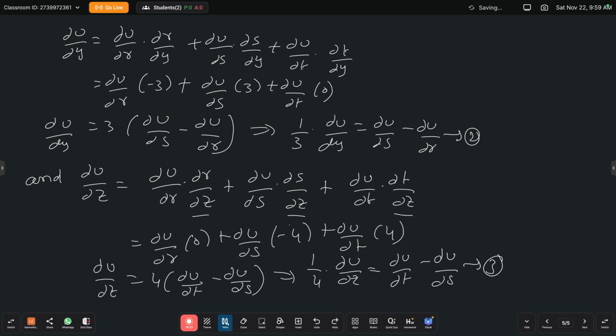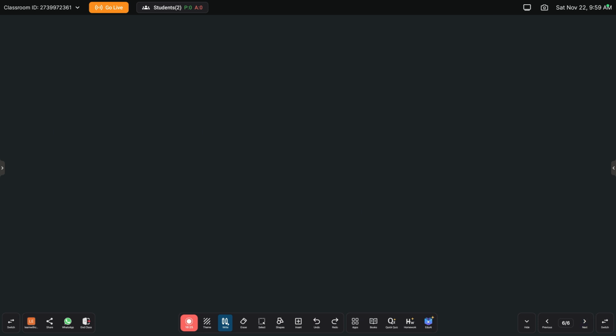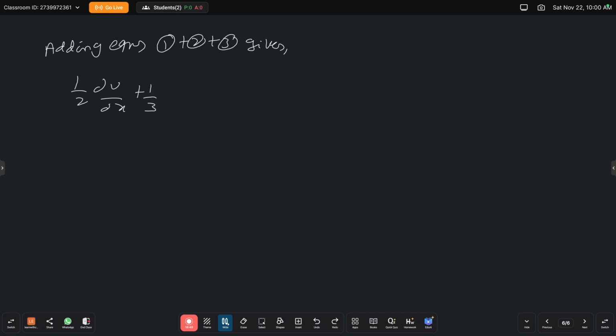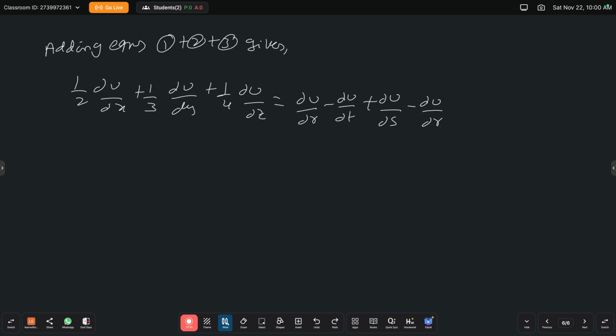That is equation 3. So adding equations 1, 2, 3 gives 1 by 2 into dou u by dou x plus 1 by 3 into dou u by dou y plus 1 by 4th into dou u by dou z equals dou u by dou r minus dou u by dou t plus dou u by dou s minus dou u by dou r plus dou u by dou t minus dou u by dou s.